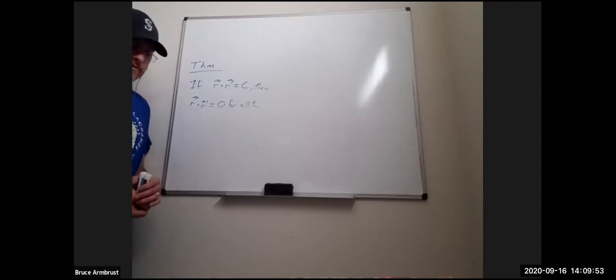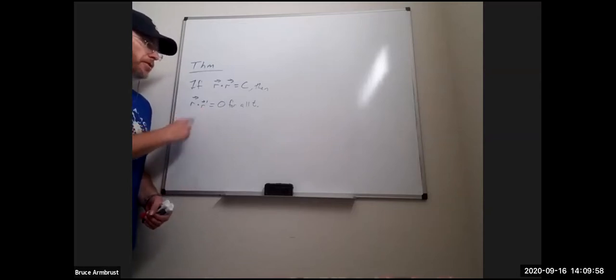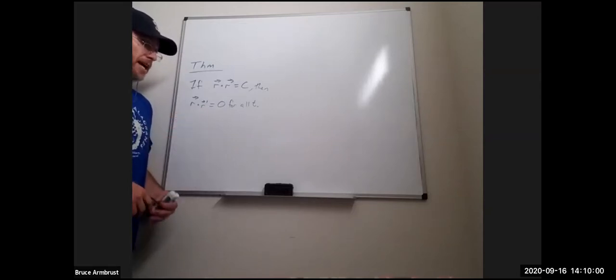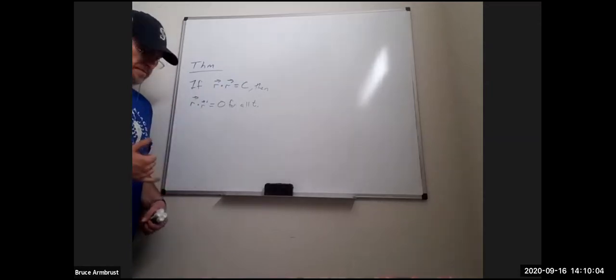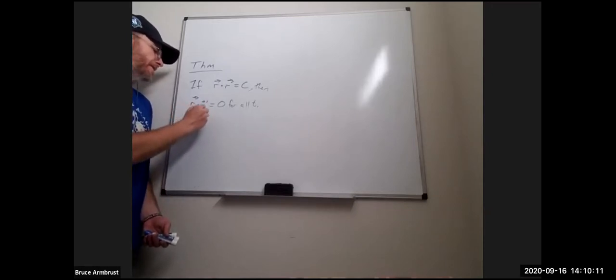There are lots of vector valued functions where r prime and r are orthogonal sometimes. But in this situation, they're always orthogonal, right? So remember, that's what the dot product equaling 0 means, that these guys are orthogonal.